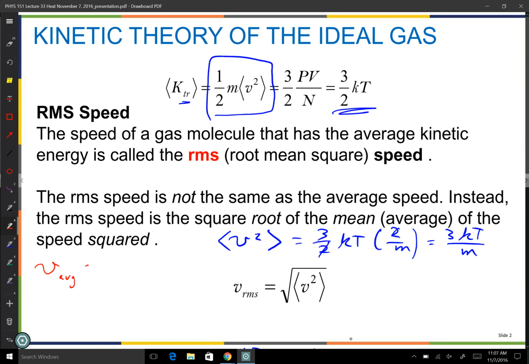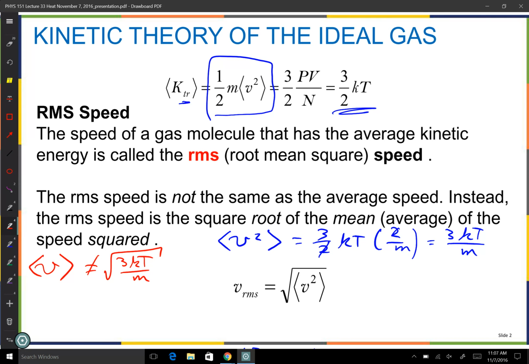So I'm going to put a not equal sign so we know it's not correct. Why is that incorrect? Because the square was inside of the average, not outside of the average.